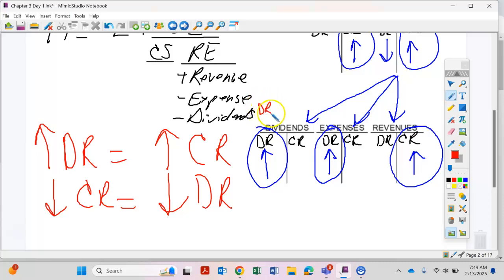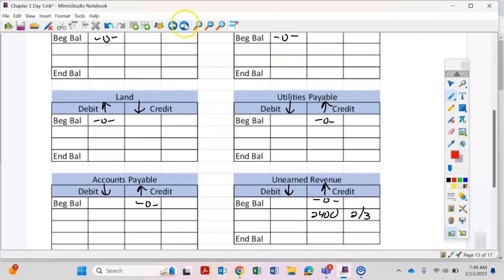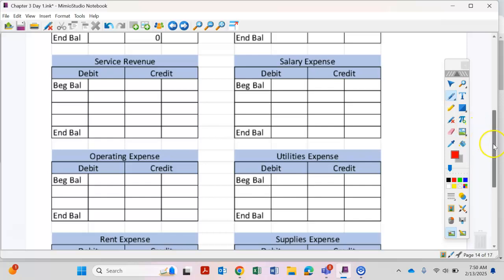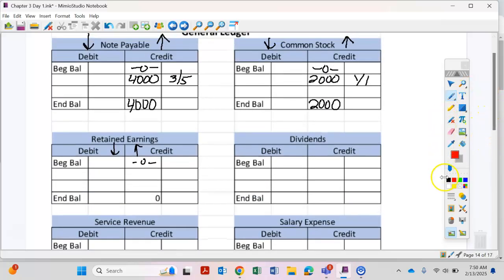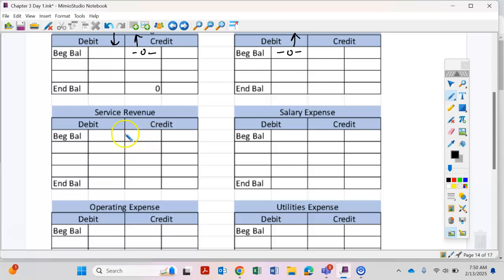So dividends are debits, so are expenses because they cause retained earnings to go down. But revenue causes it to go up, so revenues are credit amounts. Okay, let's get back over there and finish this. Okay, so dividends will go up with debits, but it will have the impact of reducing retained earnings. We're just not seeing it yet, but we will next week.